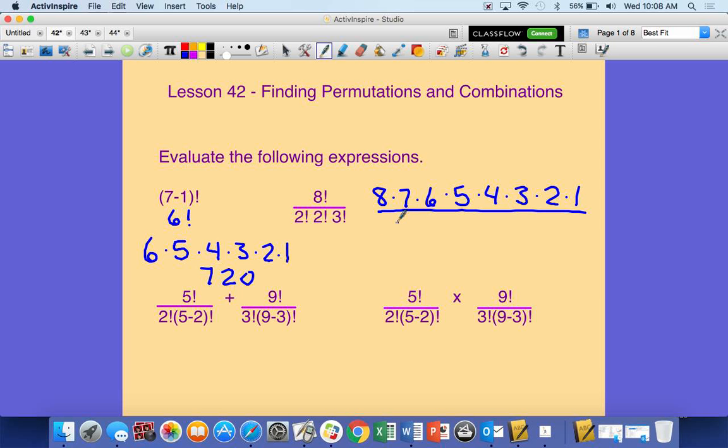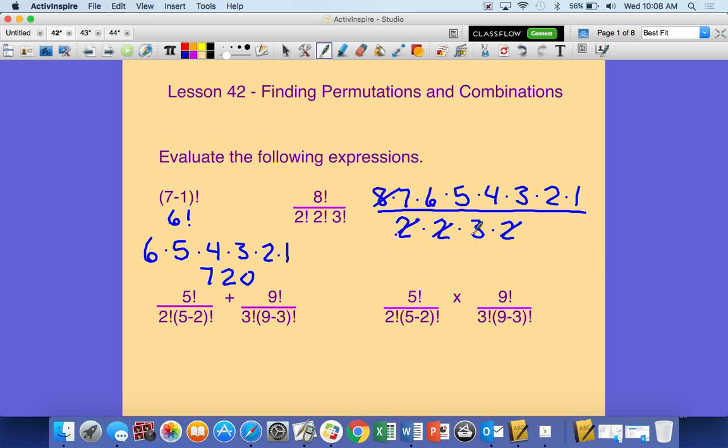Over 2 factorial, well, 2 times 1 is 2, times 2 times 1 is 2, times 3 times 2. Okay, and what you can do with these is you can actually simplify these down a little bit. If you wanted to, well, 2 times 2 times 2 is 8, so then we're down to 7 factorial here.